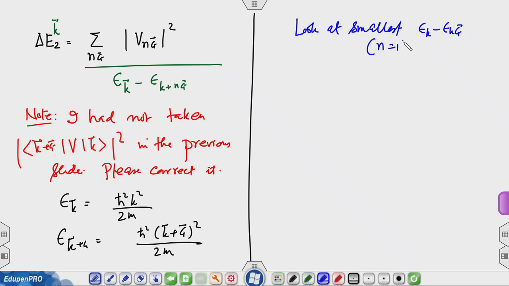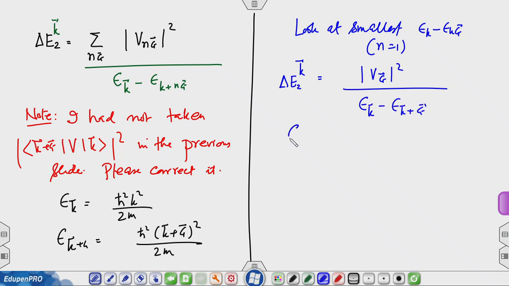So n equals 1, and write delta E 2 for the kth state as mod V g square over E k minus E k plus g. G, let me remind you, is the smallest reciprocal space vector, and V g is that gth component.